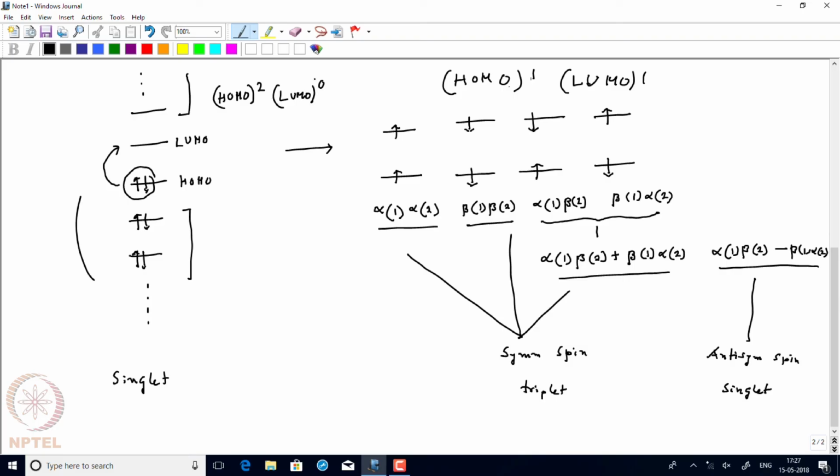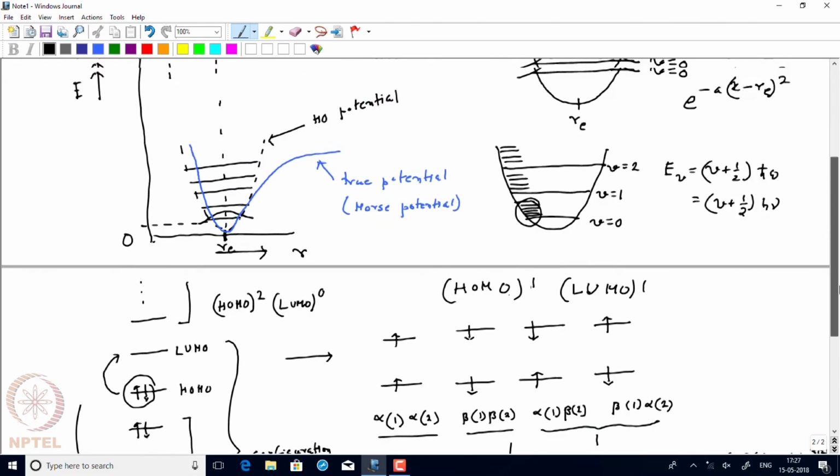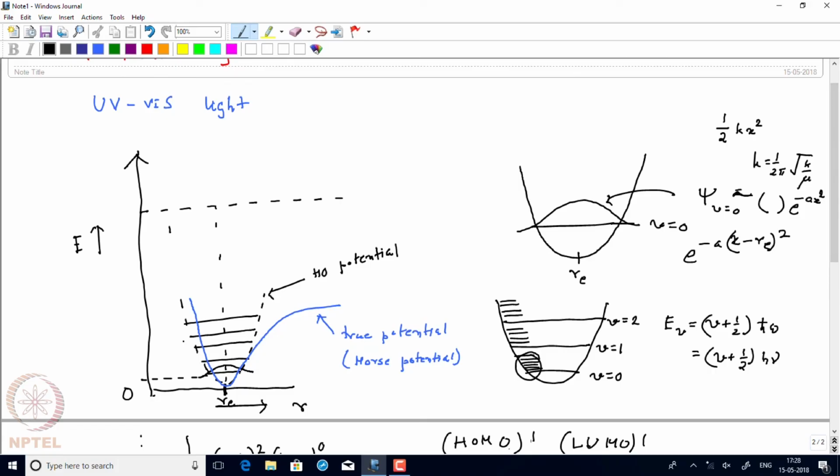So we promoted one electron to the LUMO, but as we see, this actually corresponds to two different electronic states. So this is basically a configuration. A particular configuration forms a state which is a singlet state. So the ground state, we said, is a singlet state.